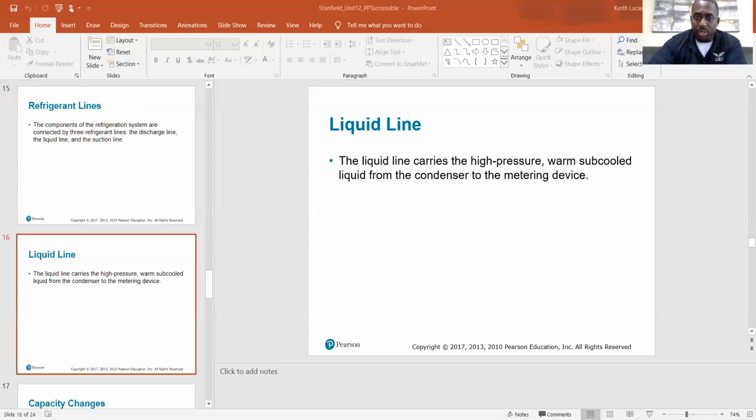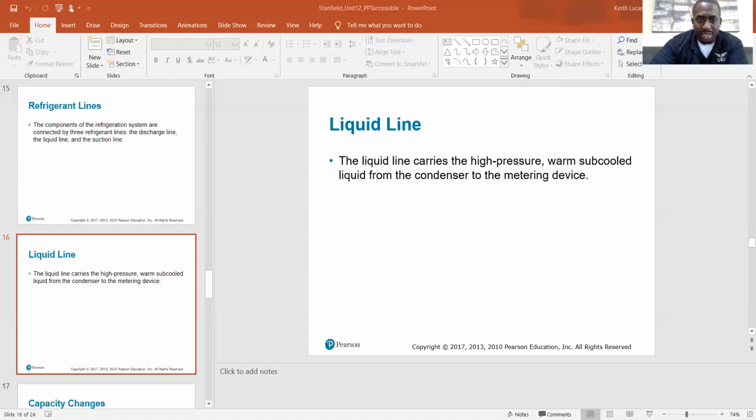So we have high pressure subcooled liquid going in, and we have low pressure liquid and vapor coming out, because 25% of this liquid flashed into a gas. So now we have a flash gas, a liquid and vapor mixture. And this line here is the transphase line, which I left out.